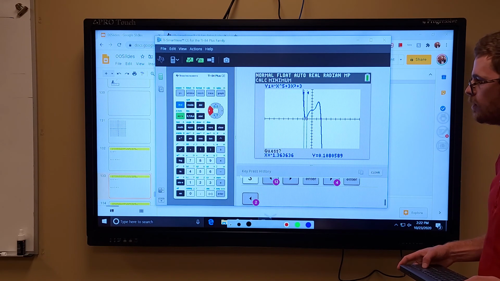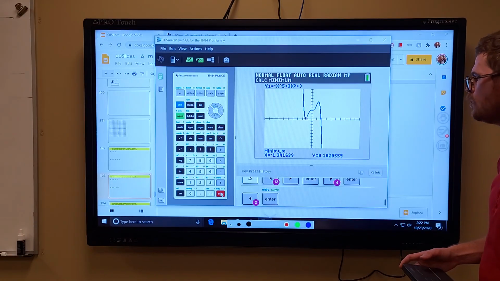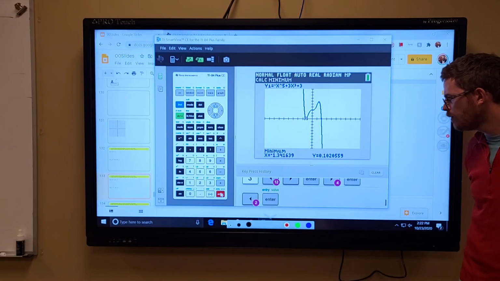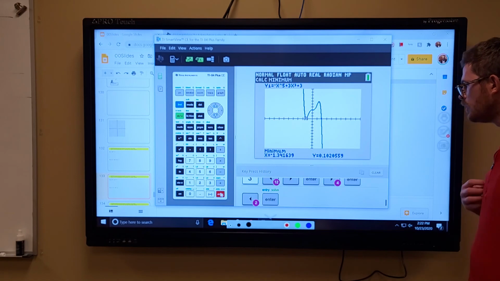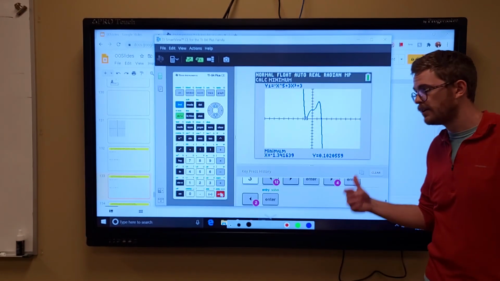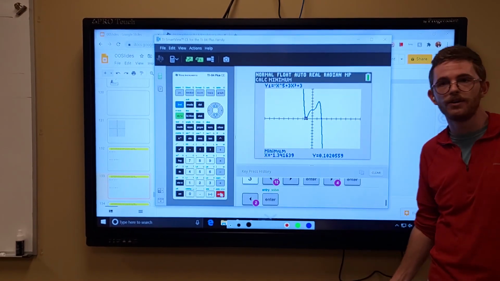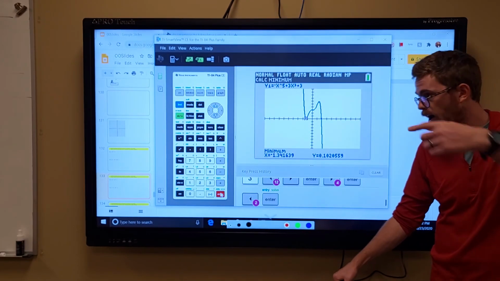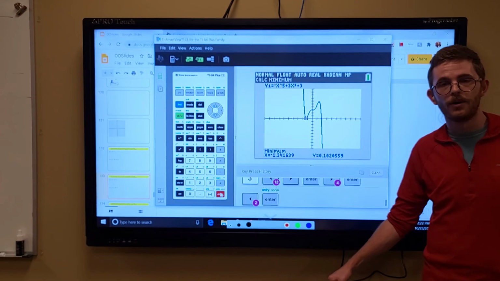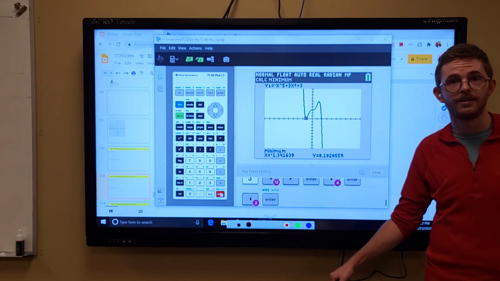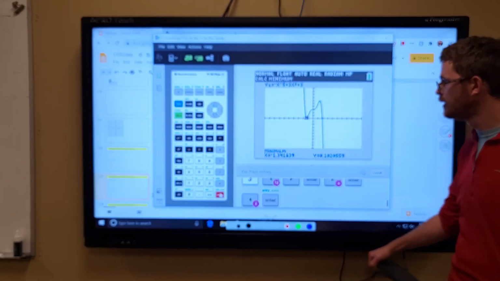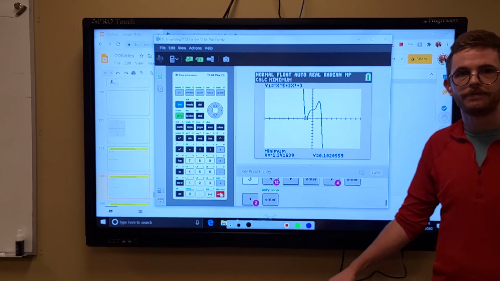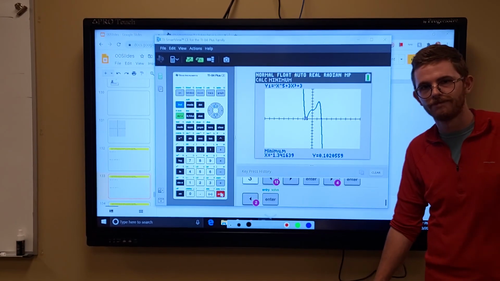Guess, enter. The y value is like 0.102. We could have gotten the exact value though. And if you donate money now, I'll plug that in, and we'll figure out what that is as an exact value. But yeah, that's it.